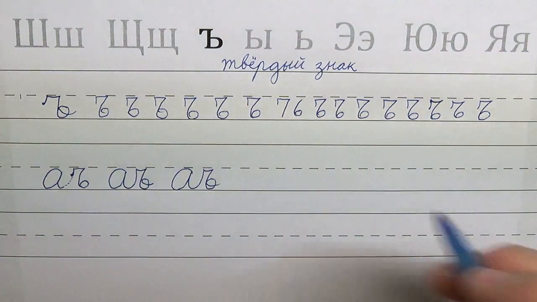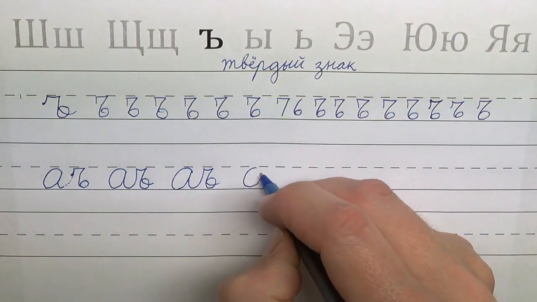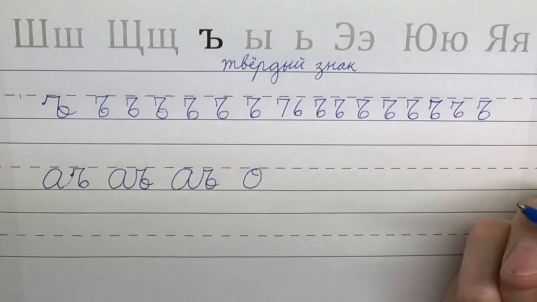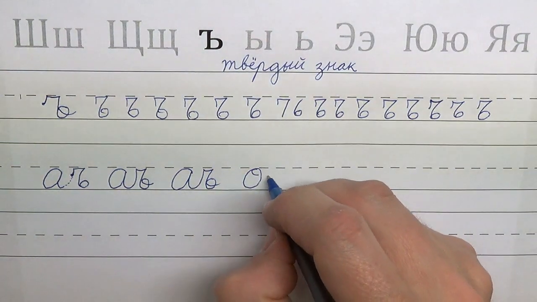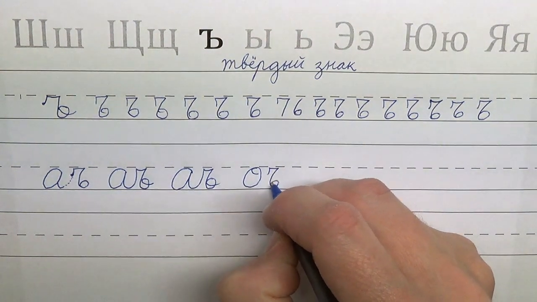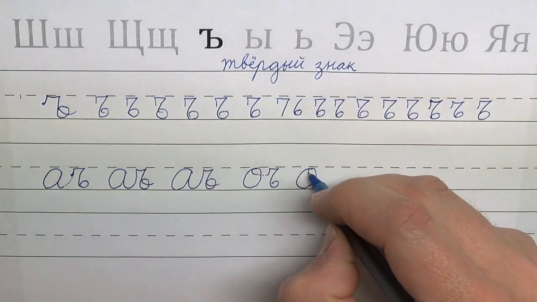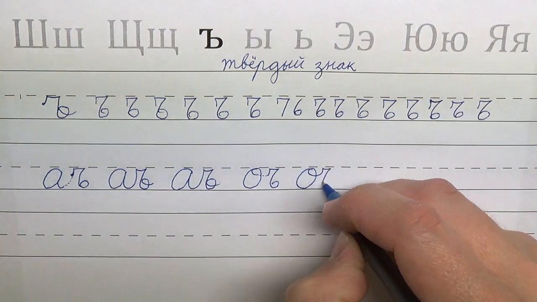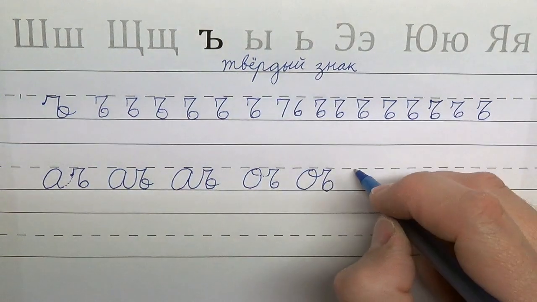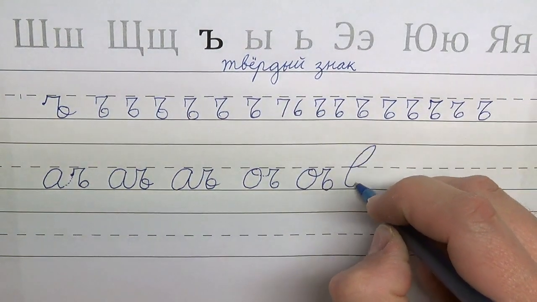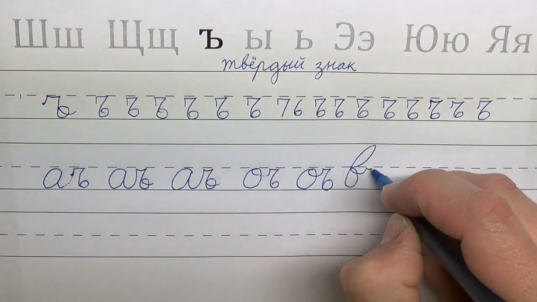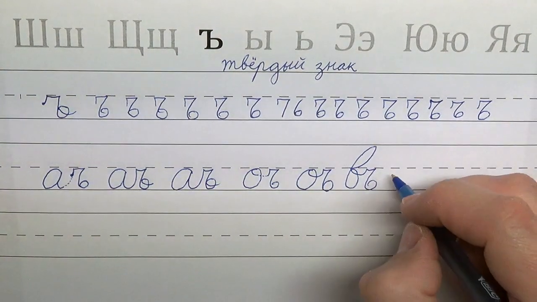Now, coming off of a high out connect letter like an O into a tvyordый znak, you can see that there you don't have very far to go. So coming out of the O into a tvyordый znak, or out of a V into a tvyordый znak.